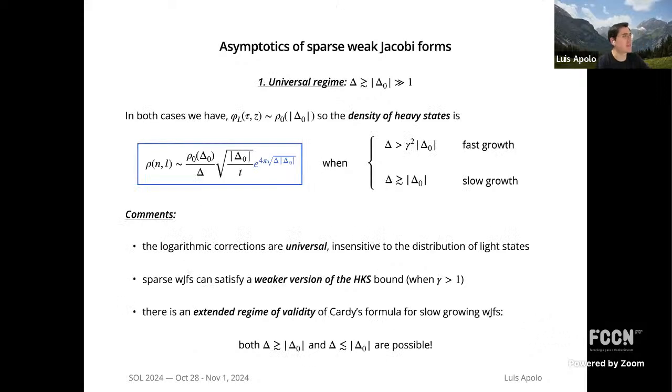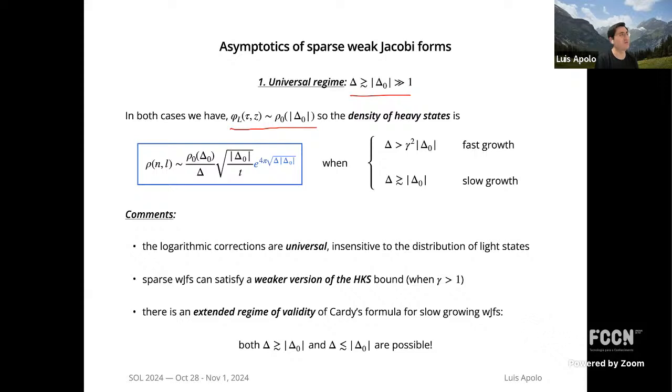However, it turns out that in both cases, as long as these parameters up here are large, this contribution from the light states is just given by the ground state degeneracy. Depending on whether you have a fast or a slow growing form, there will be some extra contributions, but these are contributions that are of order 1.